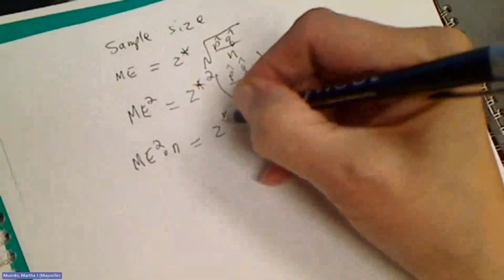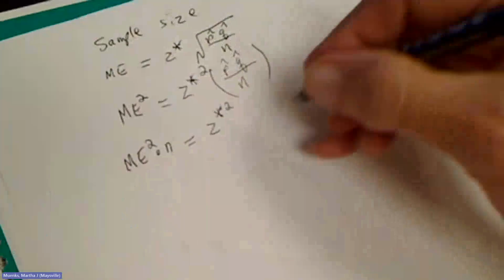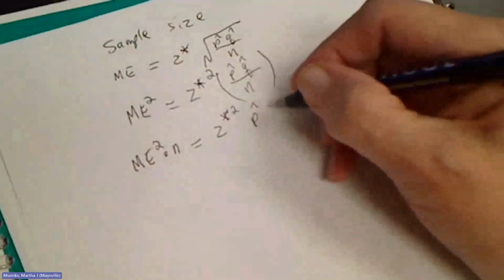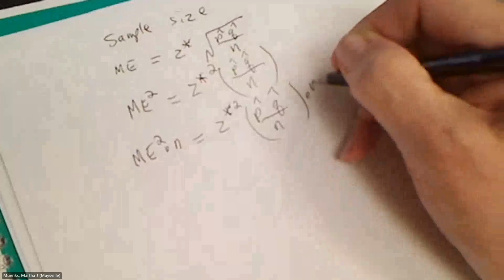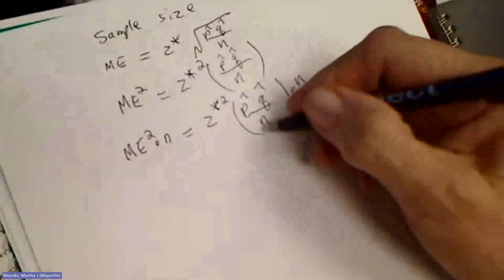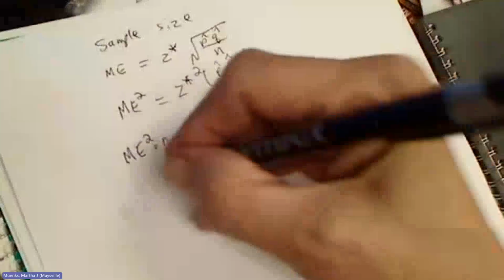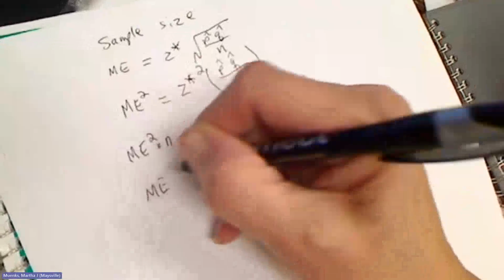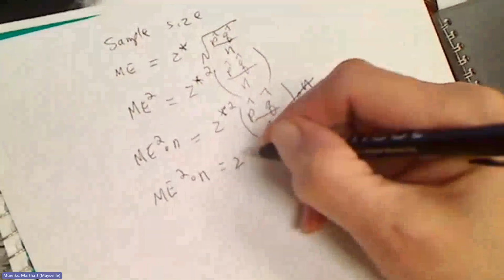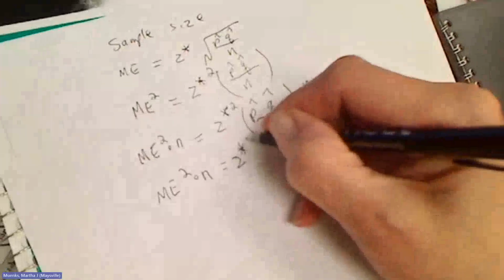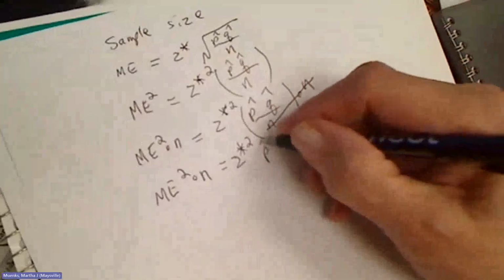And then, of course, the n's cancel on this side. And we get the margin of error squared times n equals Z star squared times p hat q hat.